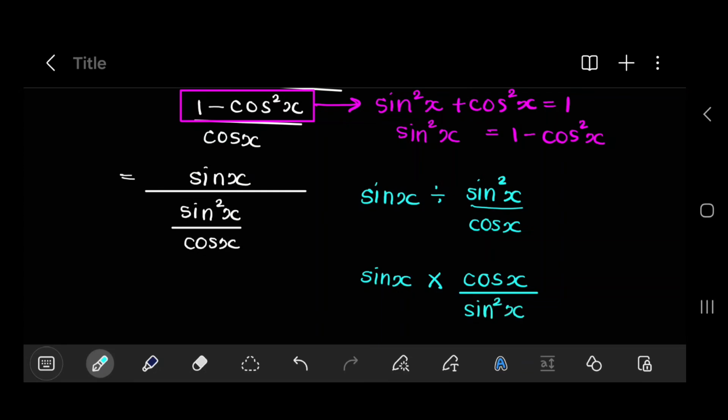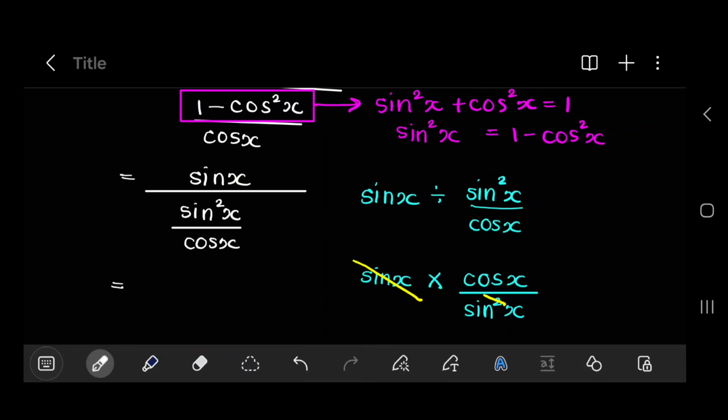At this point, you are allowed to cross cancel. Cross cancel means if any of your numerators and denominators are the same, they can cancel out with each other. Now we notice that is what we have because we've got sine x. It can cancel out with one of the sine x from the bottom. And ultimately what we're left with from these fractions is just cos x in the numerator and sine x in the denominator.